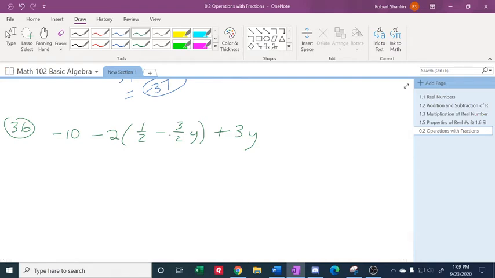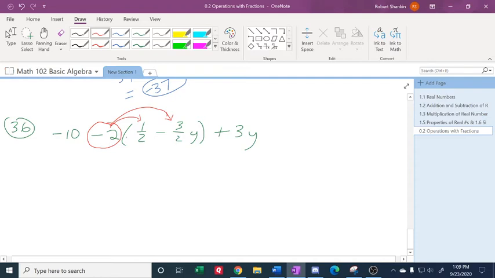Okay, so if we think of it that way, then there's three terms here. This term, negative 10, this term, and then finally this term, plus 3Y. There's not much to do with the first term and the last term. They're not like terms. It's this middle term that we're going to have to get rid of the parentheses. To get rid of the parentheses when there's a minus sign in front of it, you can do it like this.